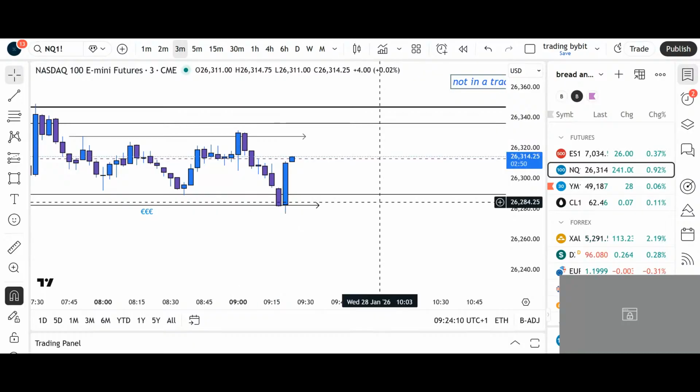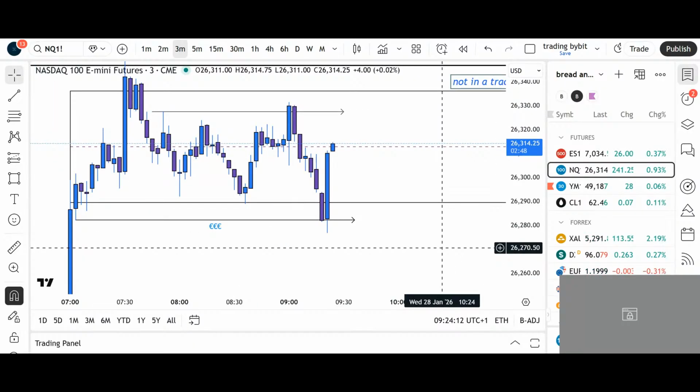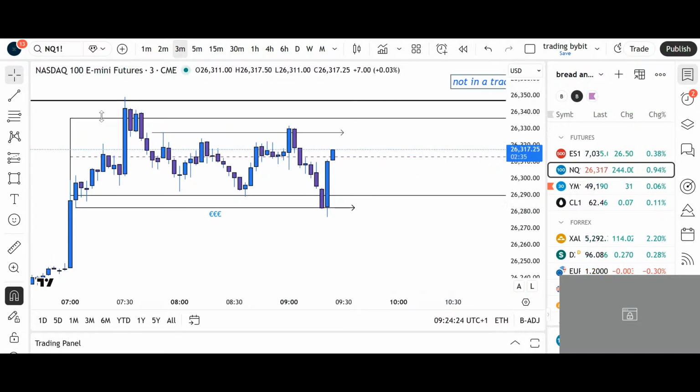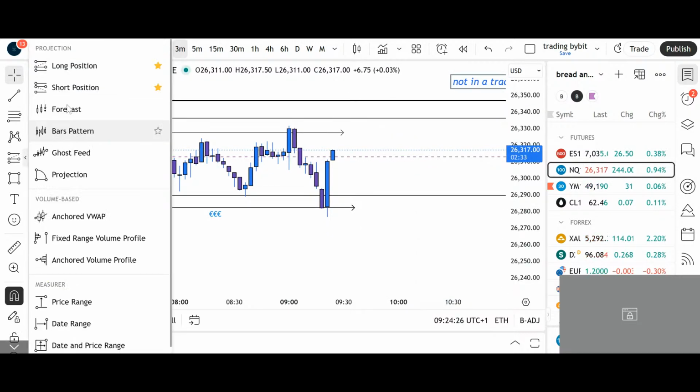Do we get some form of a small retracement back into this? Let's see if we can take something, because I want to long this.